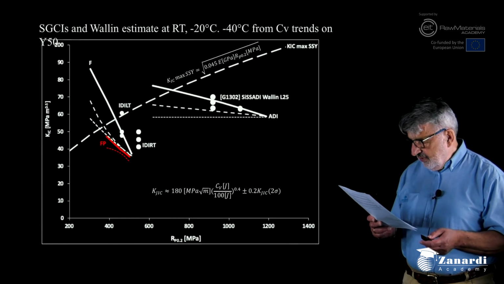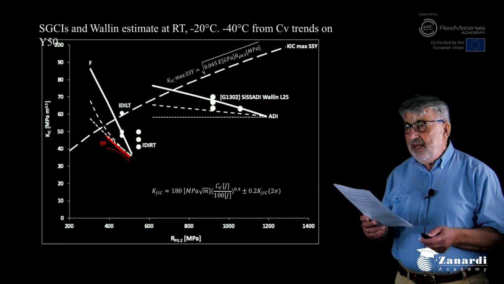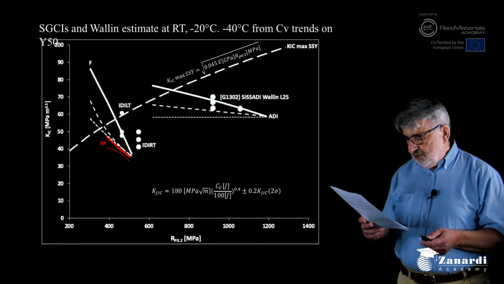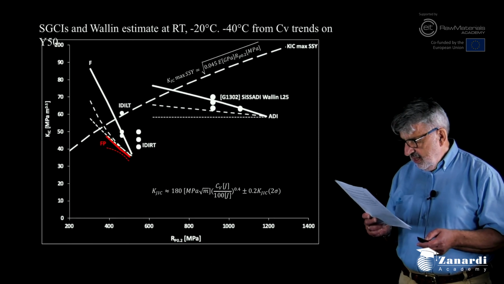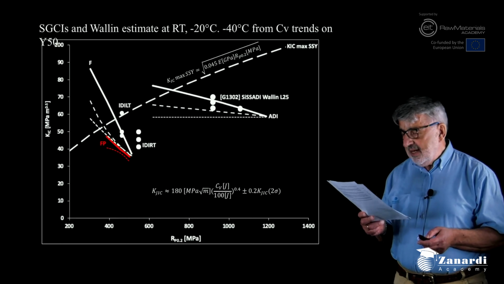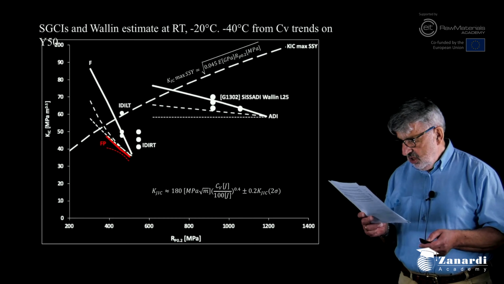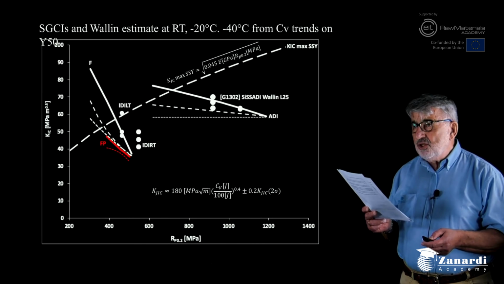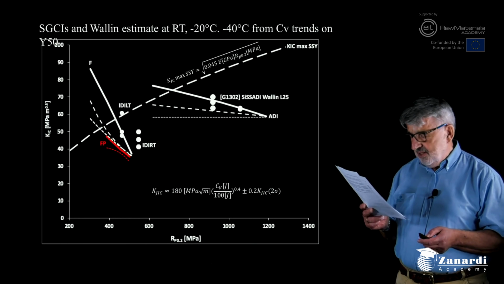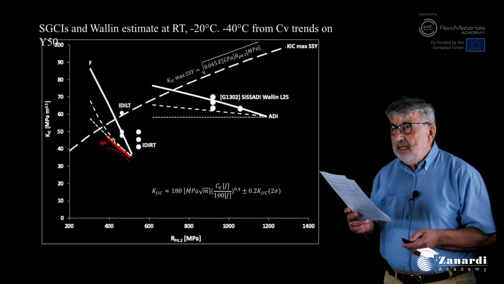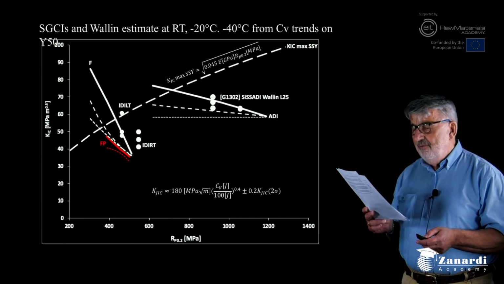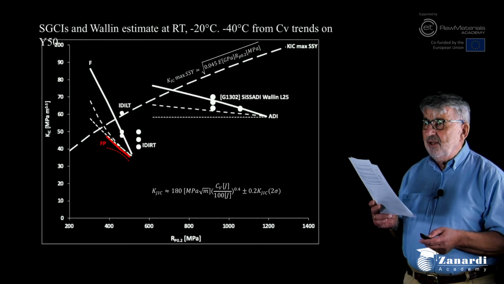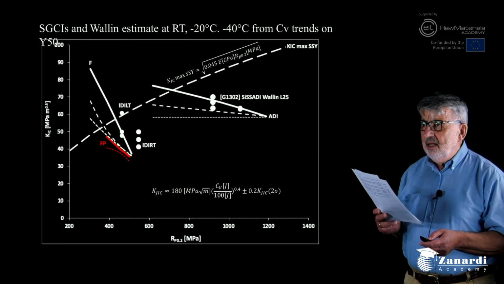The advantage of this diagram is on the estimate of the fracture toughness at the different temperatures. Thick lines represent room temperature, dotted lines -20 and -40 Celsius. The last two are coincident for ferritic pearlitic ductile irons, so the red material.